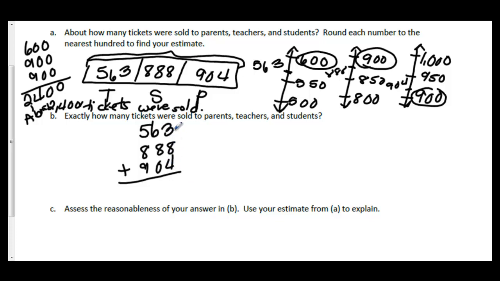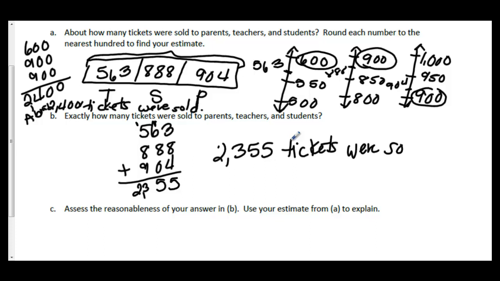I'm going to go ahead and add all three of them together. So I'm going to say 3 plus 4 is 7, and 7 plus 8 is 15. 1 plus 6 is 7, 7 plus 8 is 15. 1 plus 5 is 6, 6 plus 8 is 14, and 14 plus 9 is 23. So 2,355 tickets.